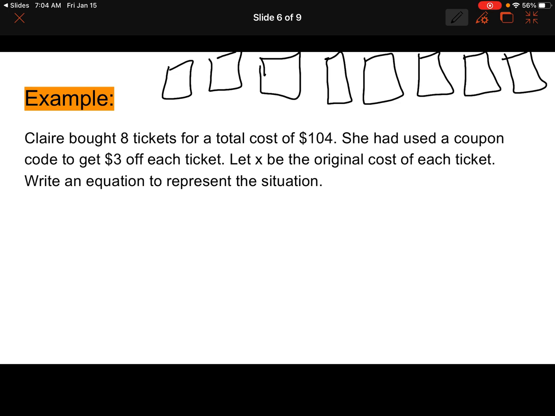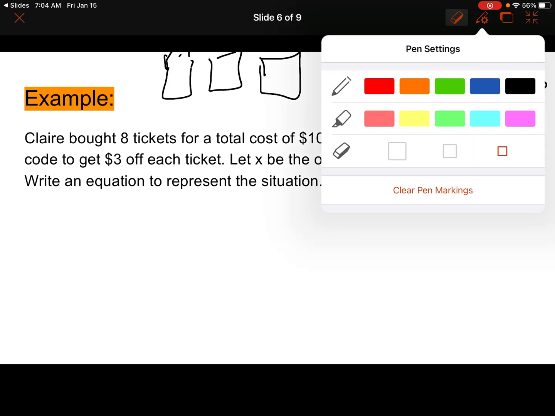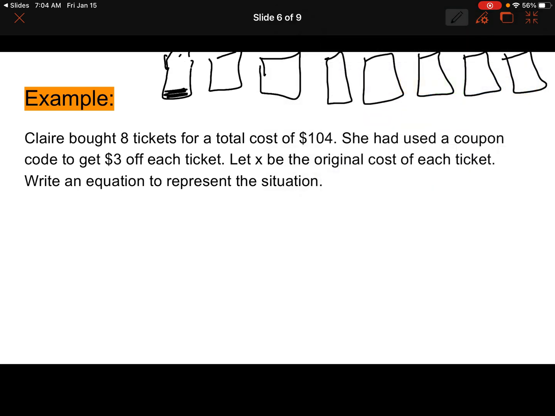Let's assume these denote how much money we have in them. She got $3 off each ticket, so a little bit of each ticket she didn't have to pay for. We don't know how much each ticket costs yet, but we know each ticket was $3 less based off our coupon.